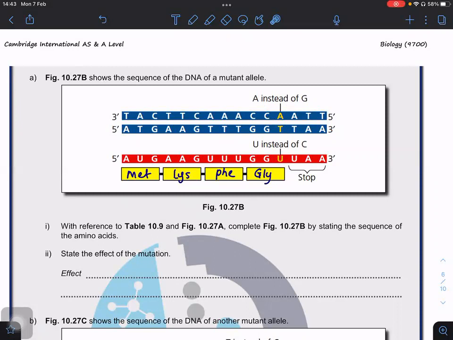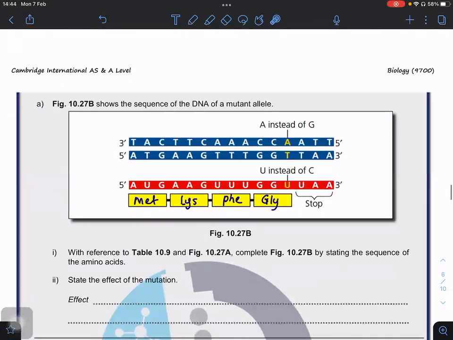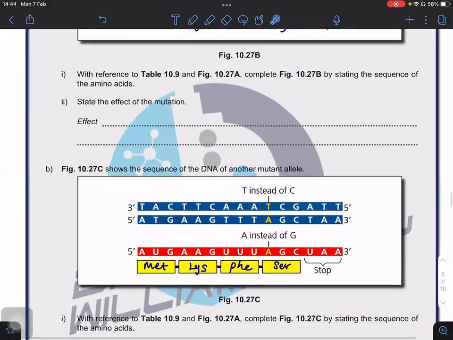Why silent mutation? Because the base substitution here didn't cause a change in the sequence of the amino acids in this particular polypeptide. Clear or not? So methionine, lysine, phenylalanine, and glycine. You check, you still get back methionine, lysine, phenylalanine, and also glycine. So state the effect of the mutation. So how do you write this?